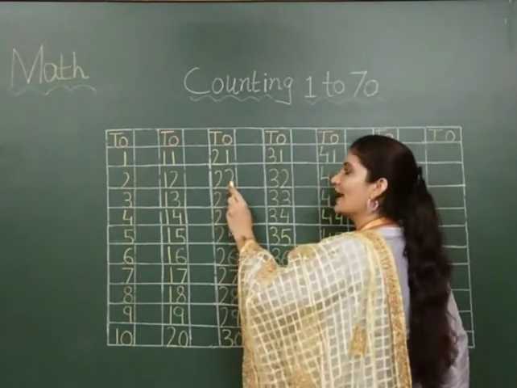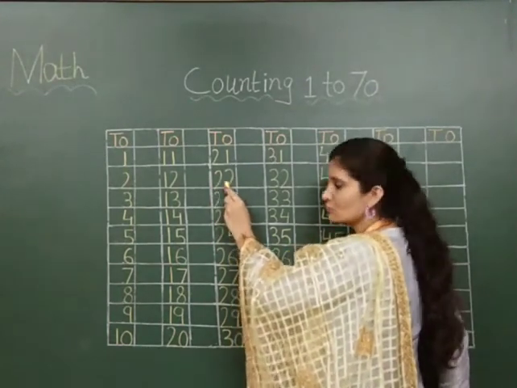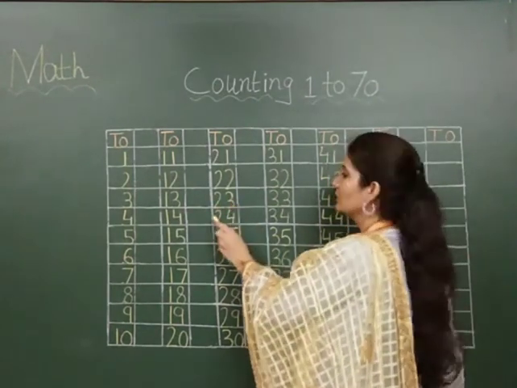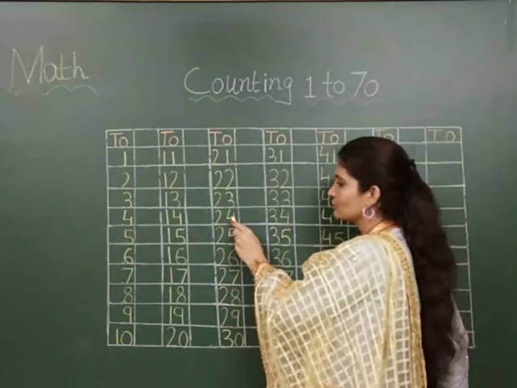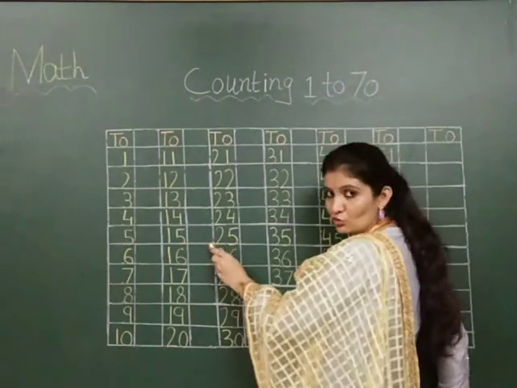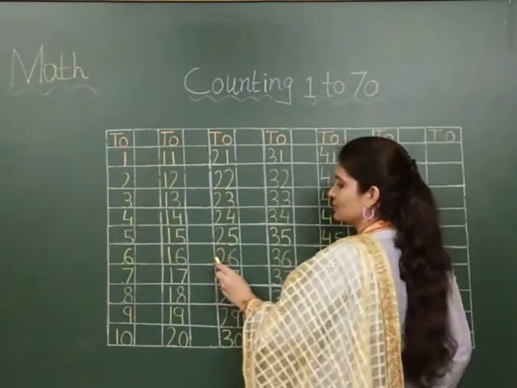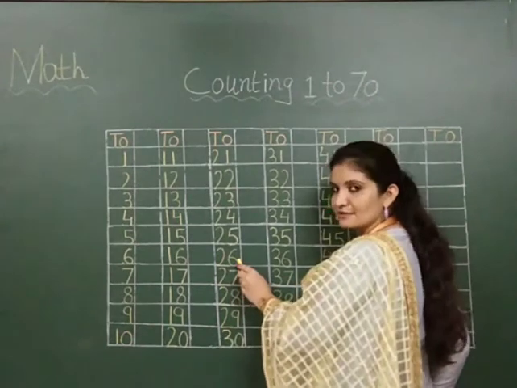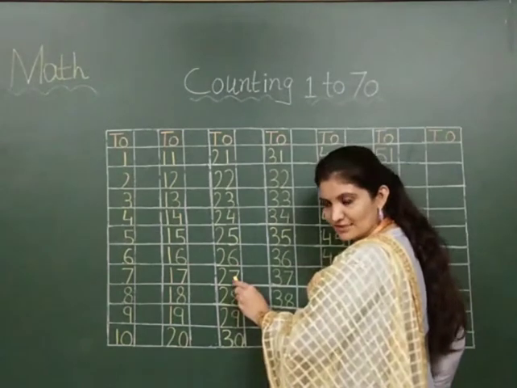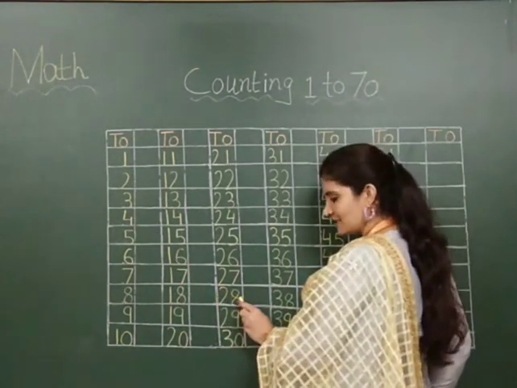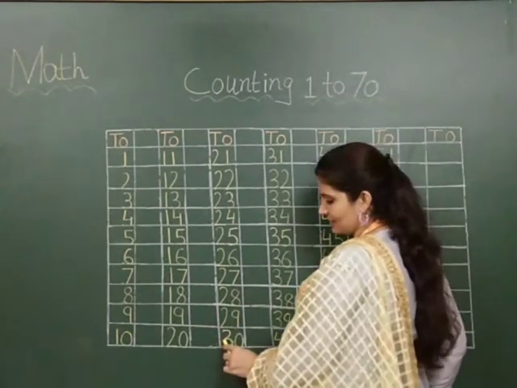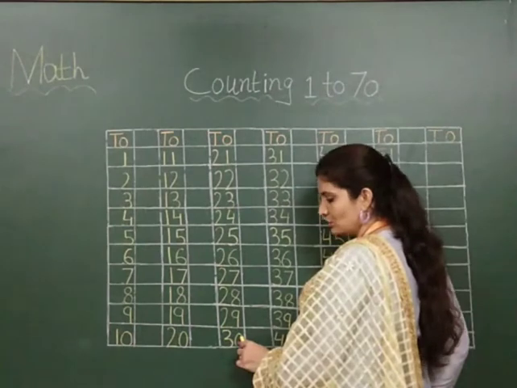Now 2 and 2, 22. 2, 3, 23. 2, 4, 24. 2, 5, 25. 2, 6, 26. 2, 7, 27. 2, 8, 28. 2, 9, 29. And then 3, 0, 30.